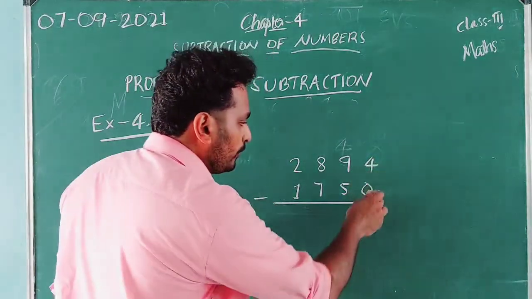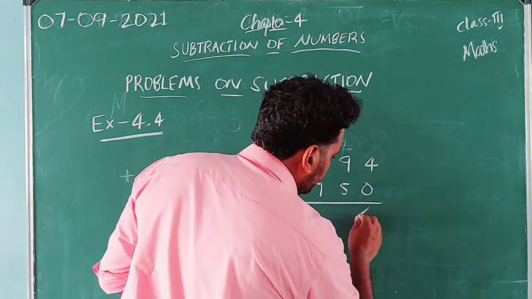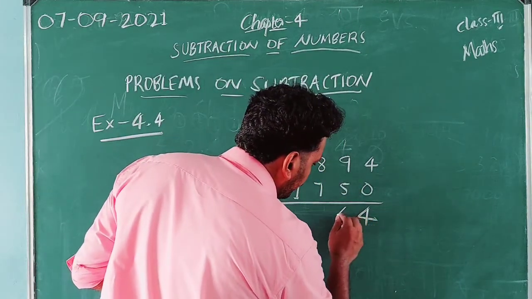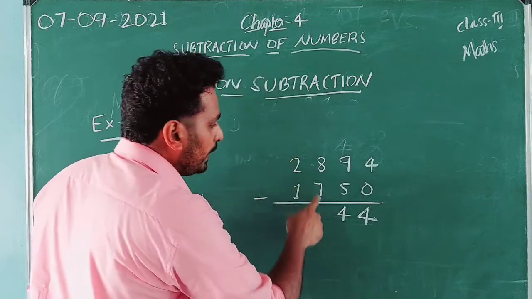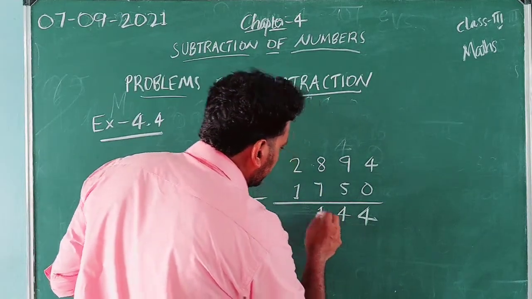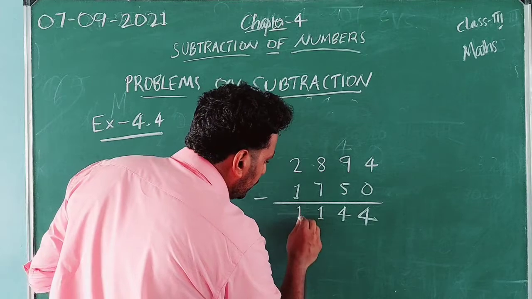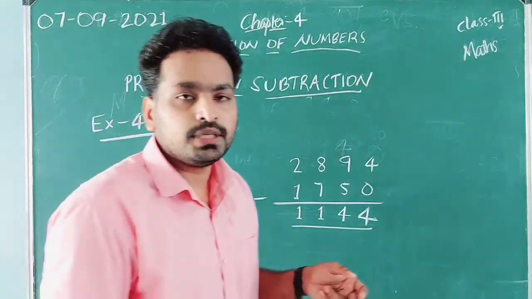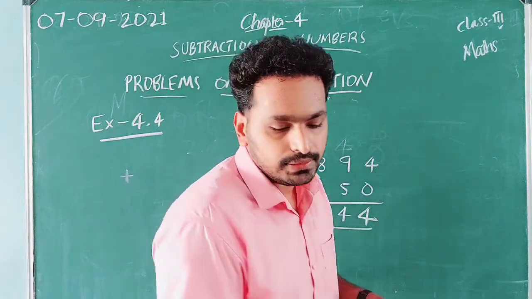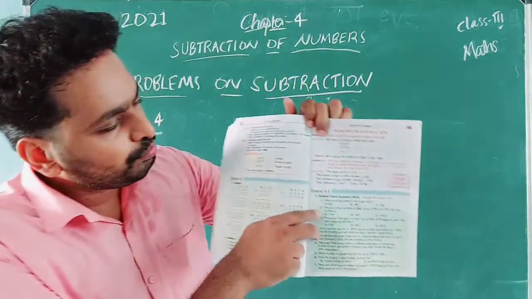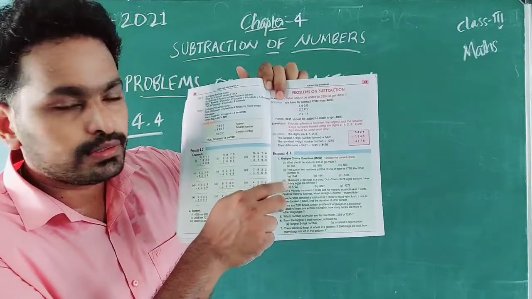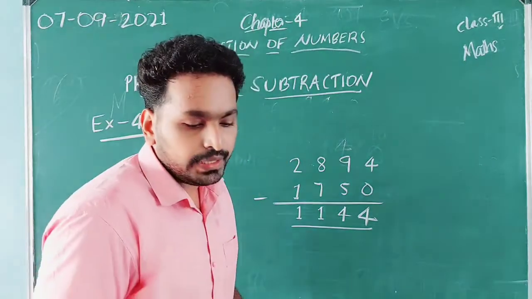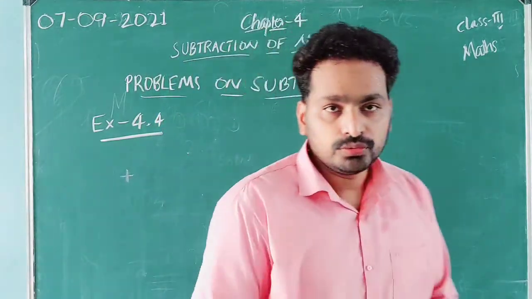First ones column, 4 minus 0 is 4. Next, tens column, 9 minus 5 is 4. Next, hundreds column, 8 minus 7 is 1. Next, thousands column, 2 minus 1 is 1. So the answer is 1144. That is A. So students, next question, this question number 3 is homework. Please do this in your fair copy. Okay, next question number 2.